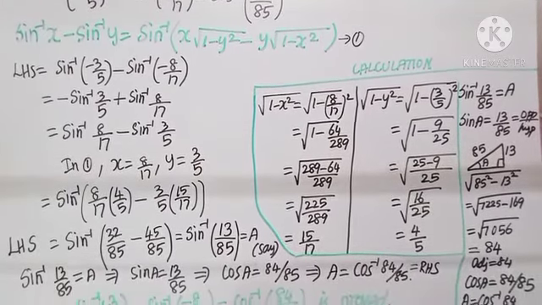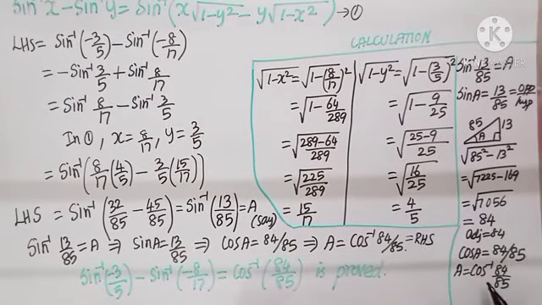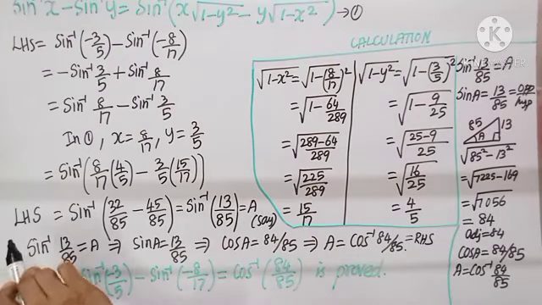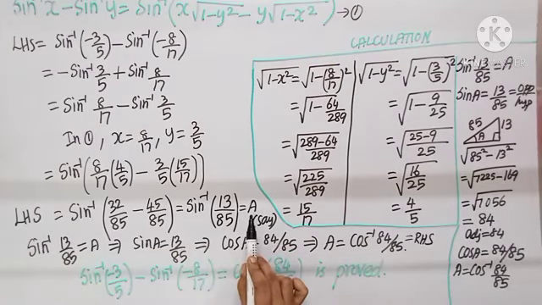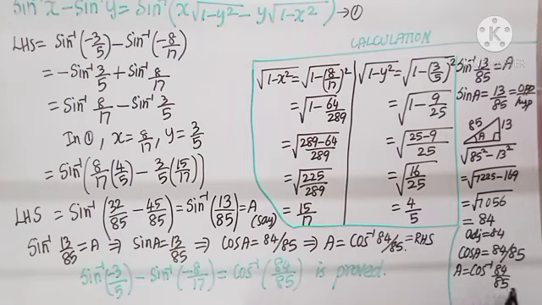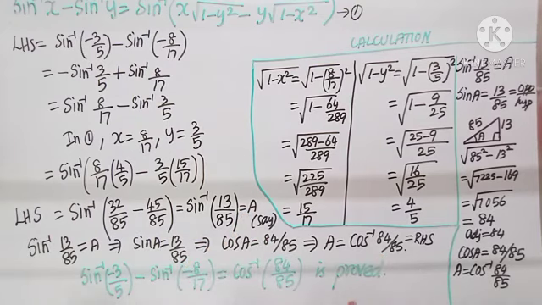If cos A is 84 by 85, A is cos inverse 84 by 85. So, LHS, we arrived at sine inverse 13 by 85, call it as A. Now, we have reduced that same A equals cos inverse 84 by 85. Combine. We are able to show LHS equals RHS. So, take and write the question which we have proved.